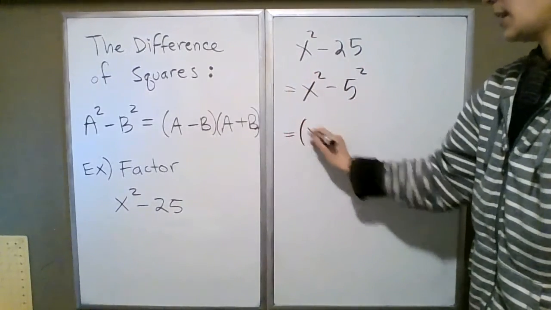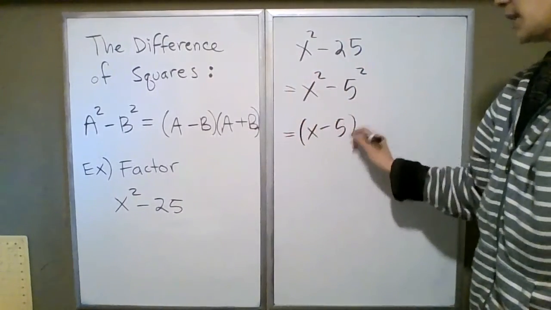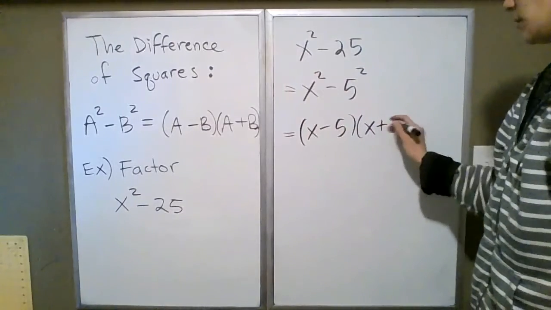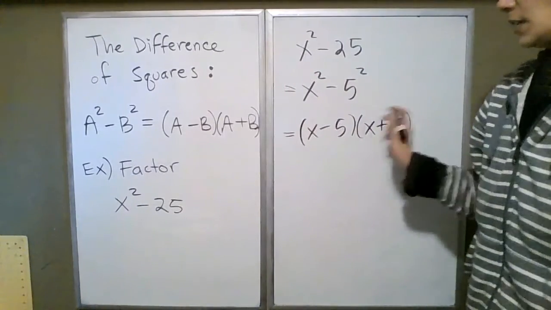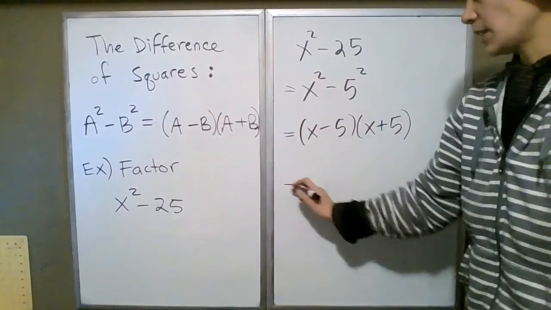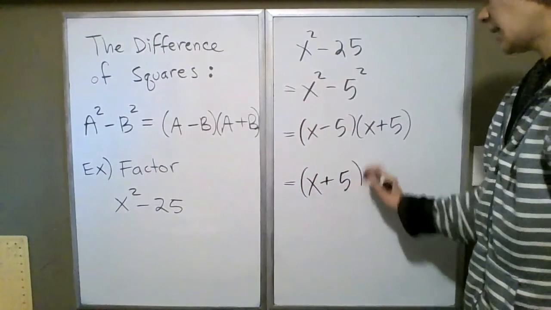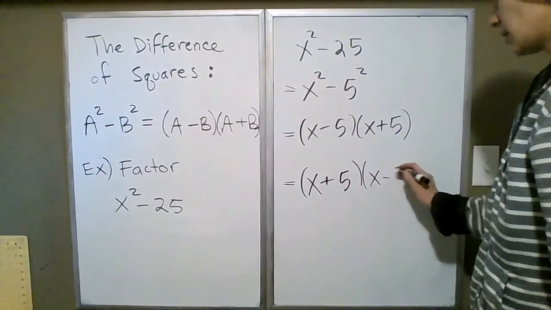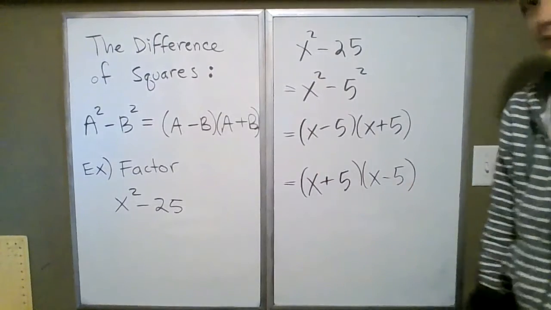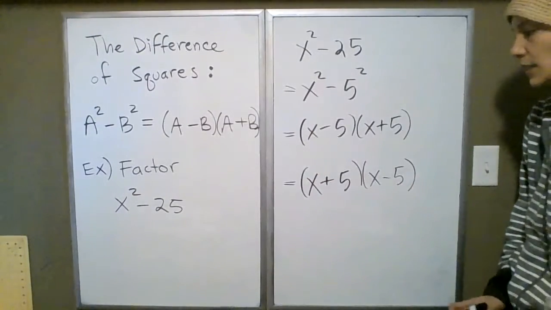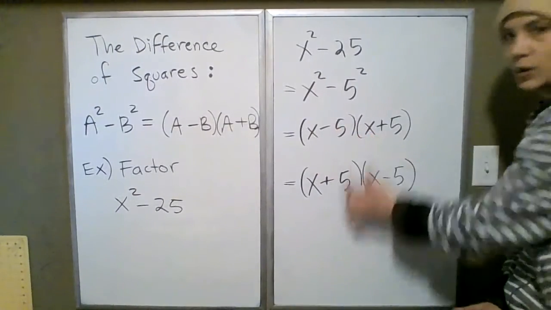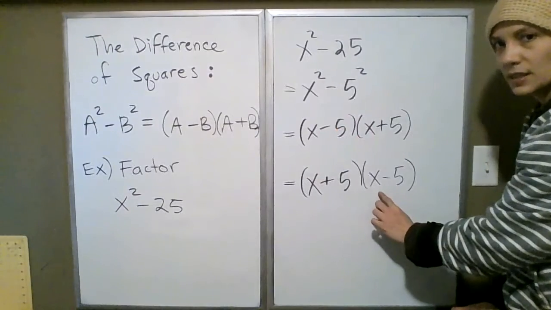So you can do x minus 5 multiplied with x plus 5. That's the answer. Or if you just like the plus sign first, you can have an x plus 5 and then the x minus 5. It's the same answer either way. You need a minus sign and a plus sign, or the plus sign then the minus sign.